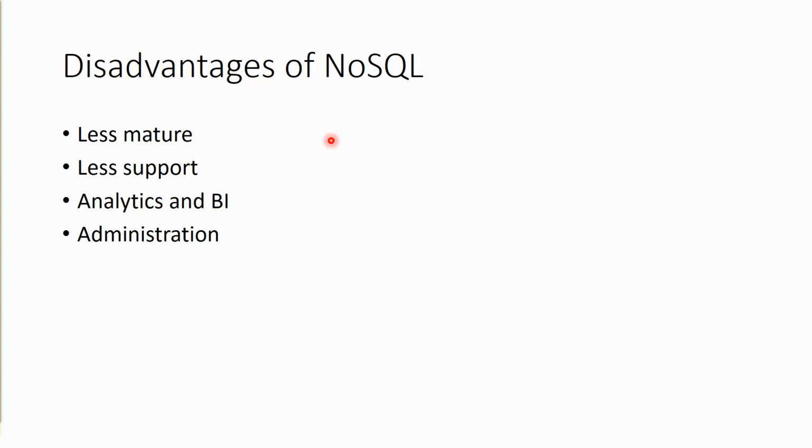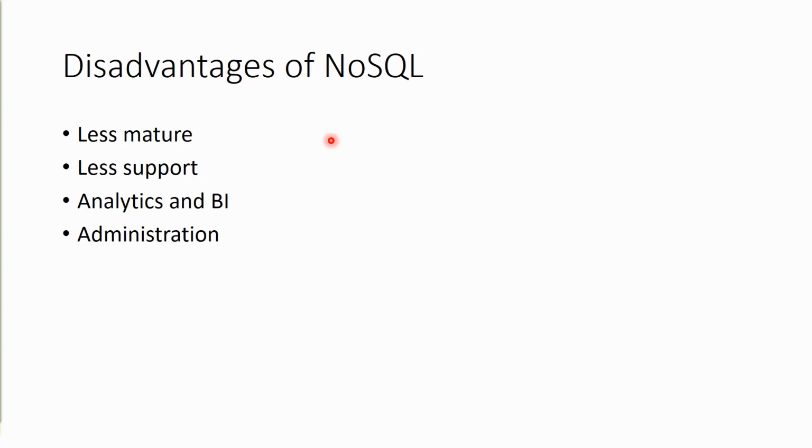Next, when you get to know about its advantages, you also need to know what the downsides are. That's very important when you want to choose the right product for your application. So a few disadvantages of NoSQL databases: the first thing is that it's less mature, which means that it's still new to the market. There's still a lot of things going on with NoSQL databases, which makes it less mature in the market.